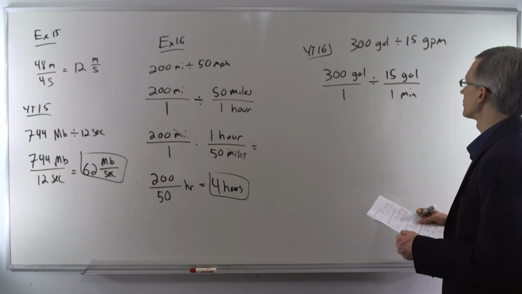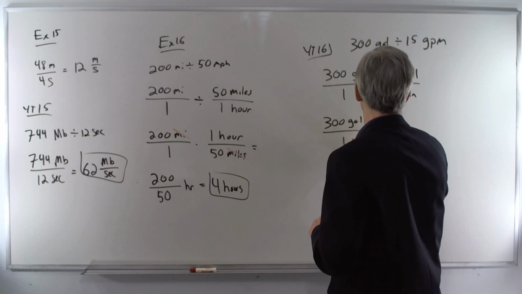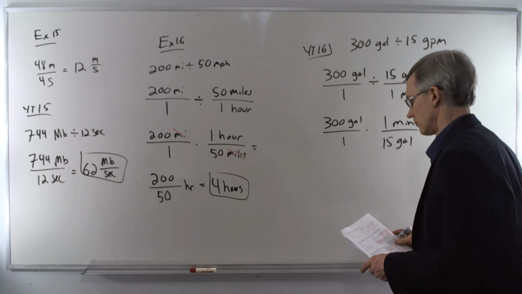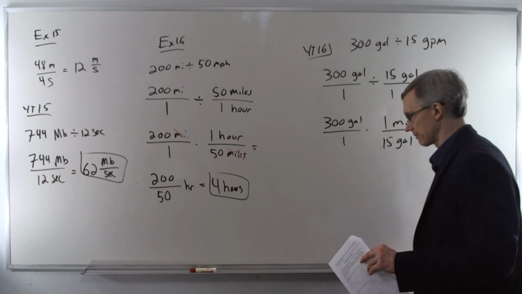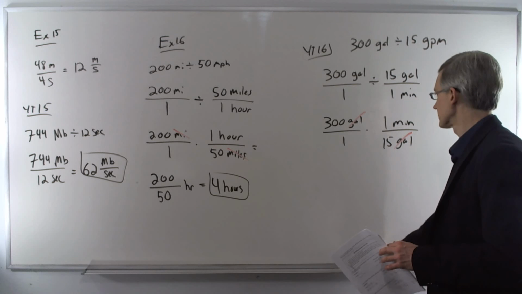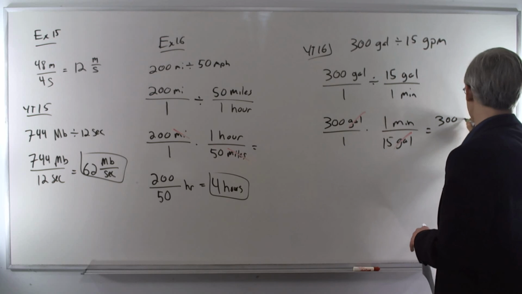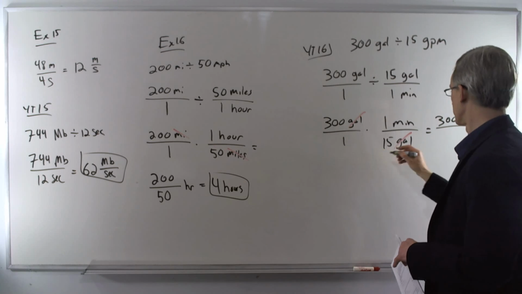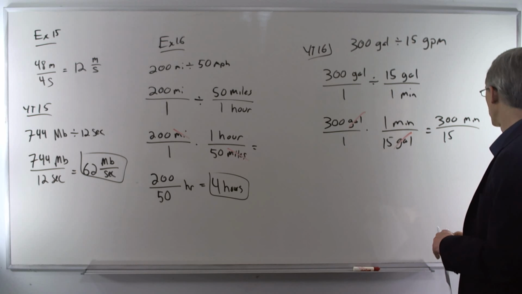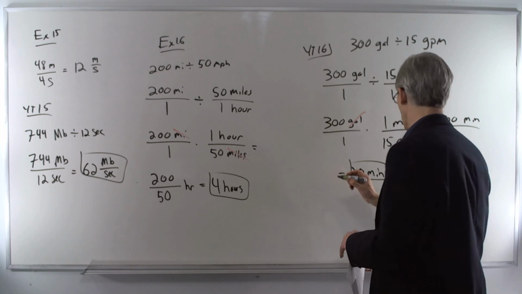And we've got division now. Now we're going to convert to multiplication. And now we have matching units on top and the bottom. Gallons cancel, leaving us with 300 minutes on top, and 1 times 15 on the bottom. Units are all gone on the bottom, so we don't have any units there. Now we can do 300 divided by 15, that gives us 20. So the answer is 20 minutes.